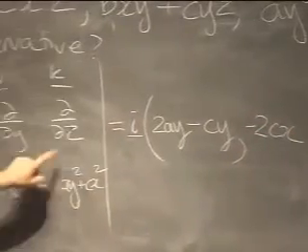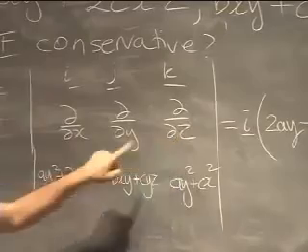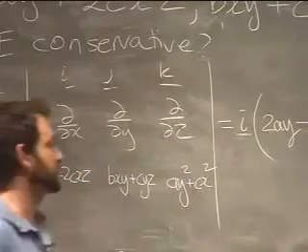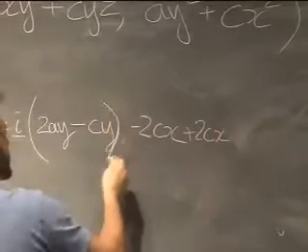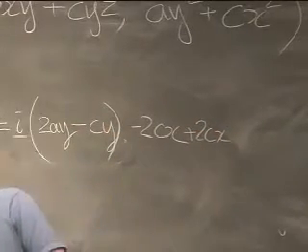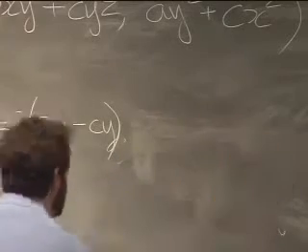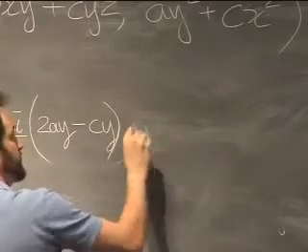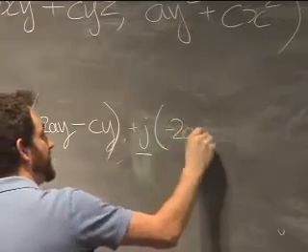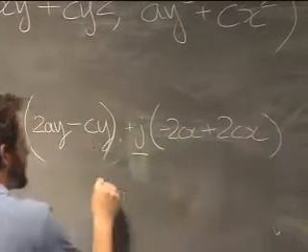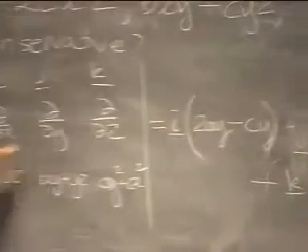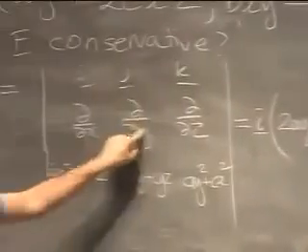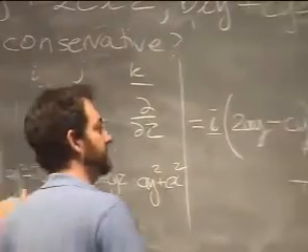And then we're going to have minus, minus, so it's going to actually be plus the z derivative of this, which looks like a 2cx. That's the j. I should be more careful here. Plus j, minus 2cx plus 2cx. And then finally the k-coordinate is going to be the x derivative of this, which looks like it's by, minus the y derivative of this, which is 2ay.